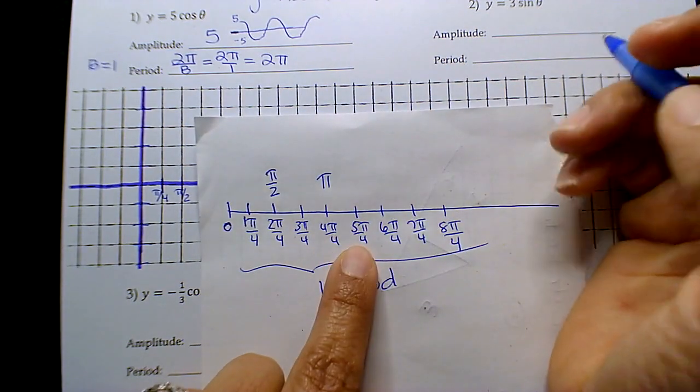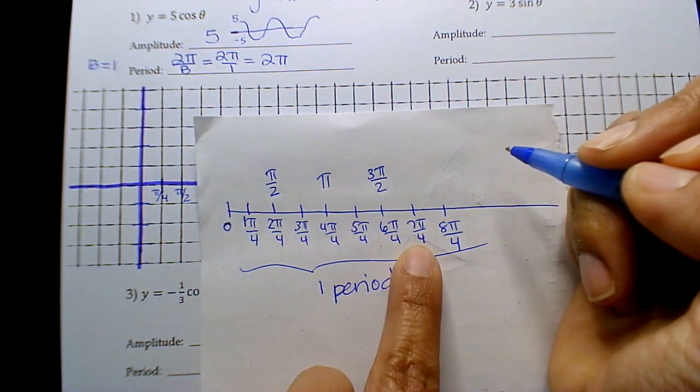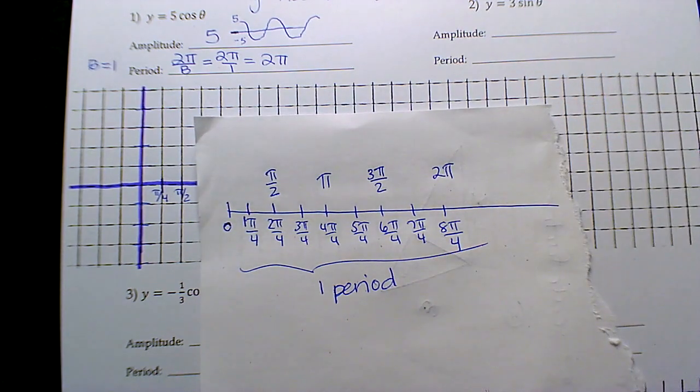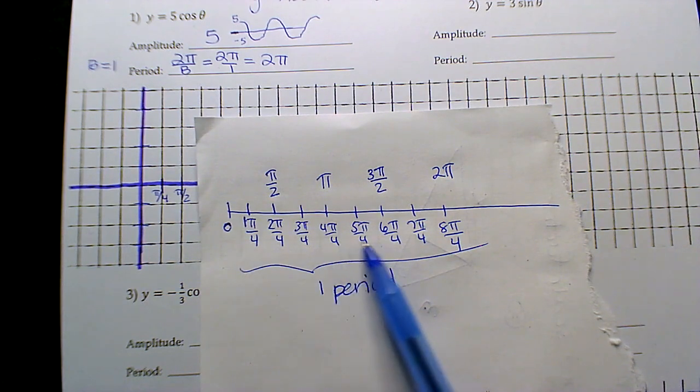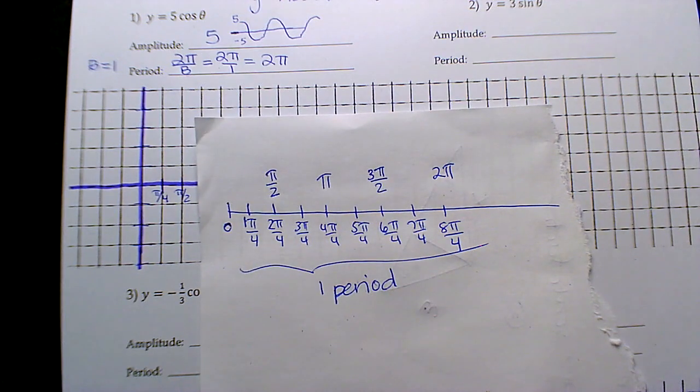Pi. 5 pi over 4, what's 6 pi over 4? 3 pi over 2. 7 pi over 4, what's 8 pi over 4? 2 pi. When you're looking at a graph, they're always going to reduce or simplify your radians. You won't get docked if you give me this on your graphs and you don't reduce to pi over 2 or pi or 3 pi, as long as you know how to read the chart, but just be careful.